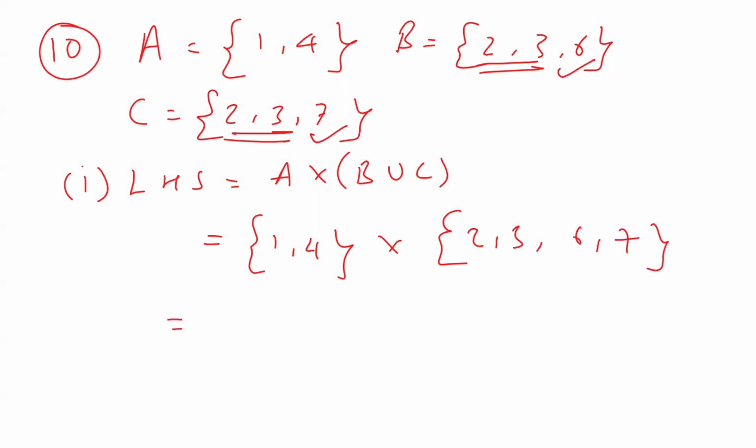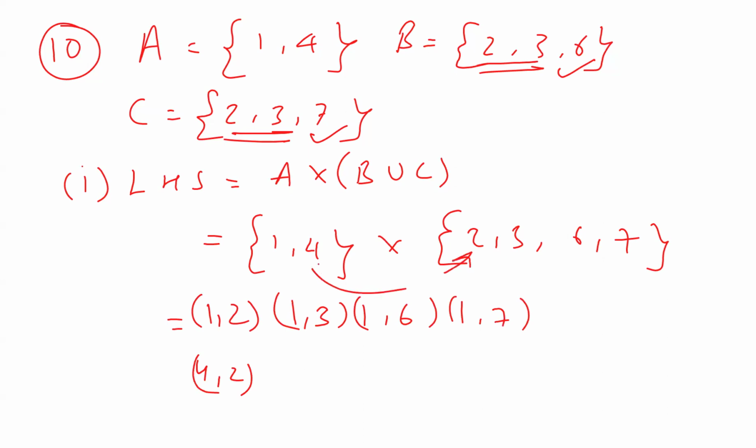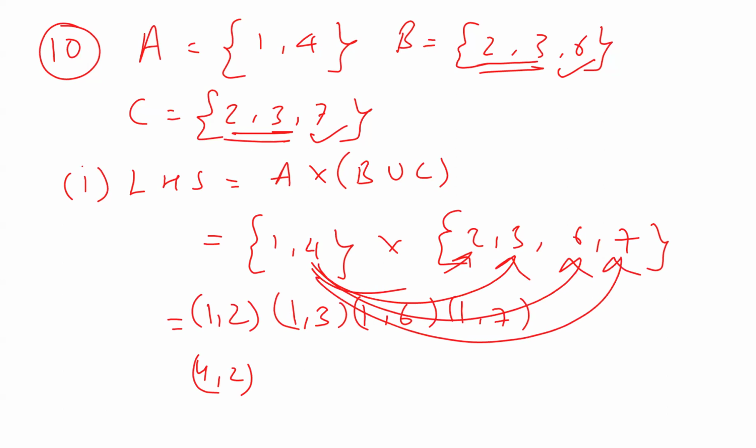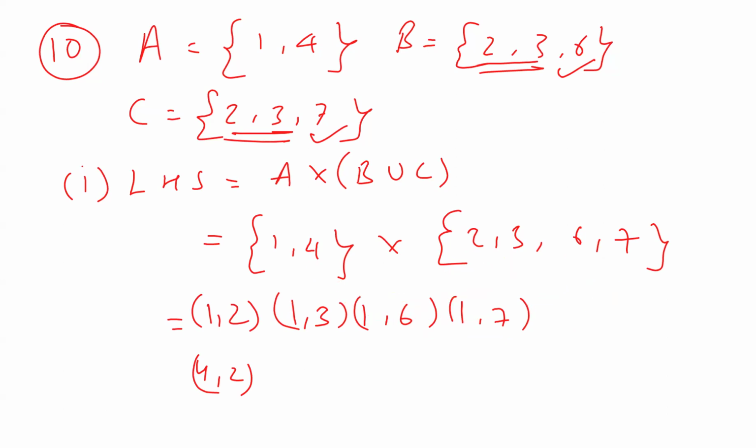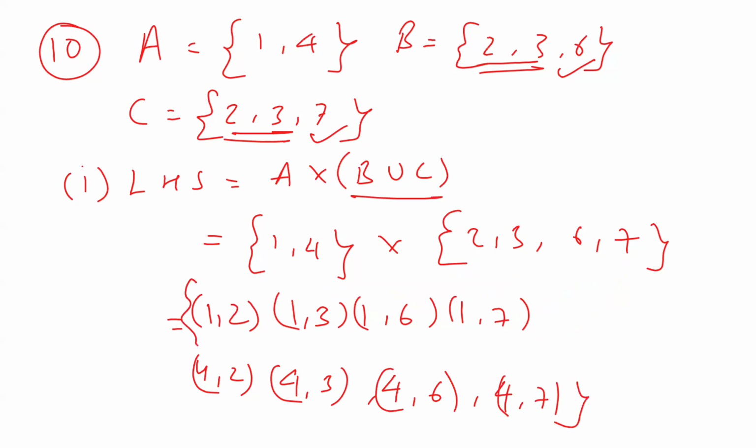Okay. So the Cartesian product of these two sets. So 1, 2, 1, 3, 1, 6, 1, 7, 4, 2, 4, 3, 4, 6, 4, 7. First object will come from set A and the second object will come from set B union C. So this is the LHS.